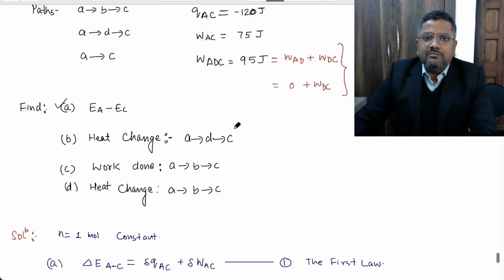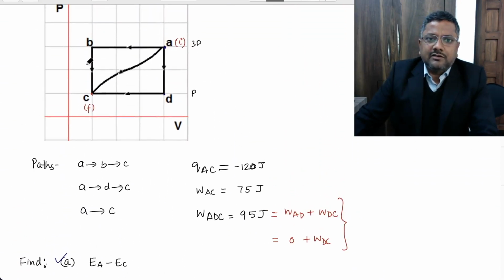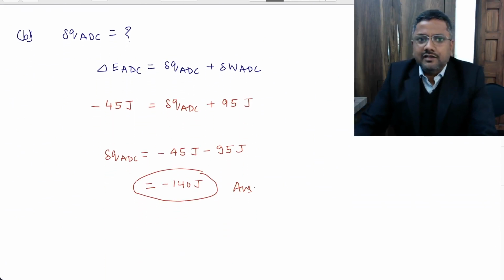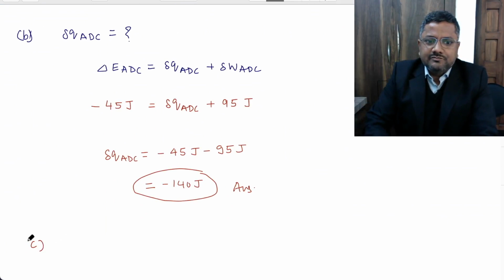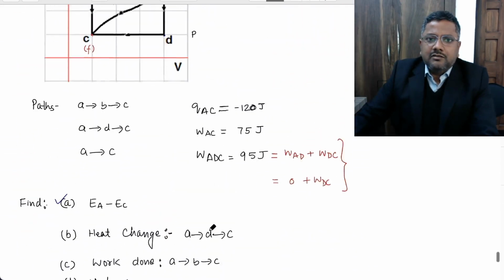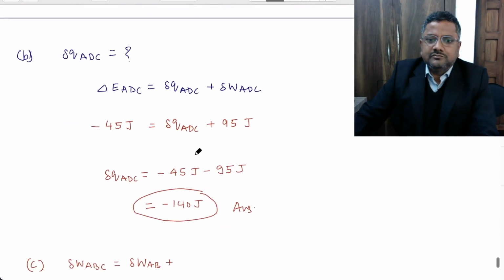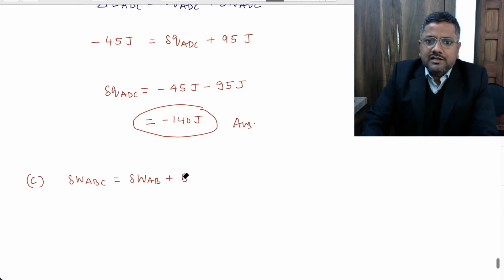Work done WABC. This time work done, it is asked along this. So this is a little bit tricky. This calculation, see, delta WABC is equal to, we can write delta WAB, A to B, plus B to C, plus delta WBC, right?